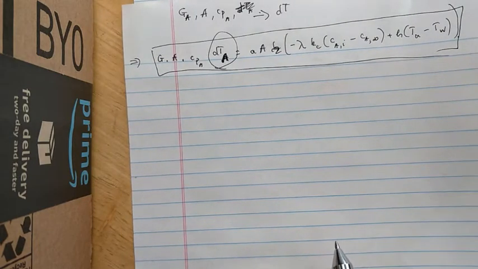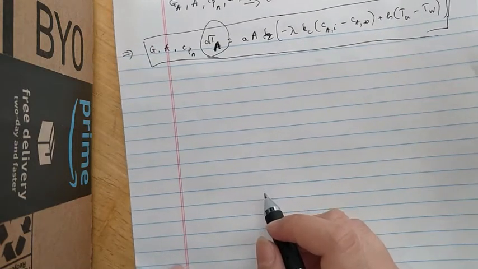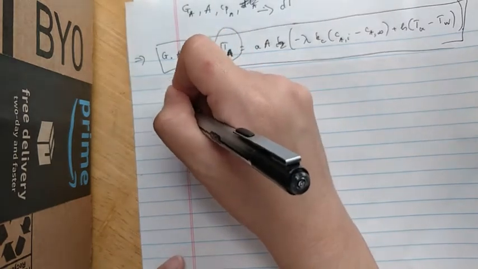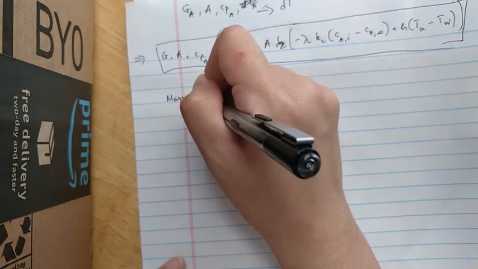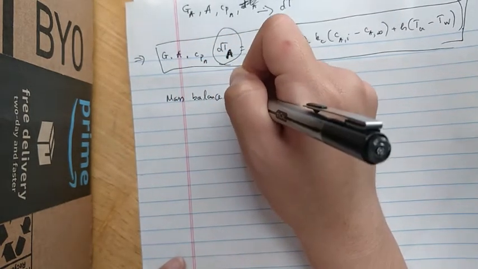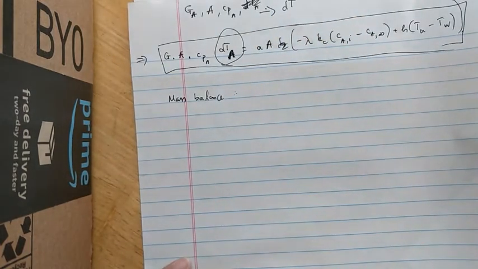The third part is we have to derive the differential equation of the water fraction. We will use the mass balance to find it.